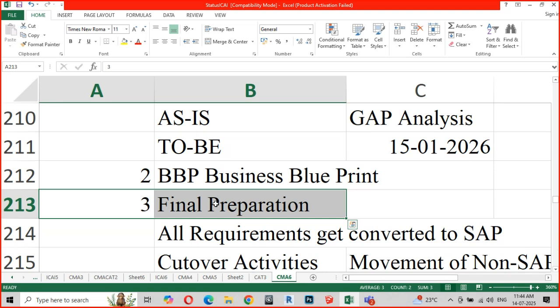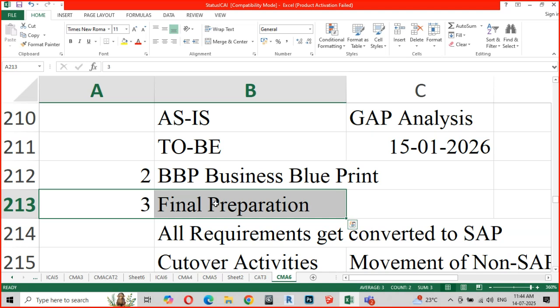So as a company which implements SAP, I understand the requirement of the company and I suggest that maybe a few modules can be implemented as of now, like say the finance module, the sales module, and the HR module.